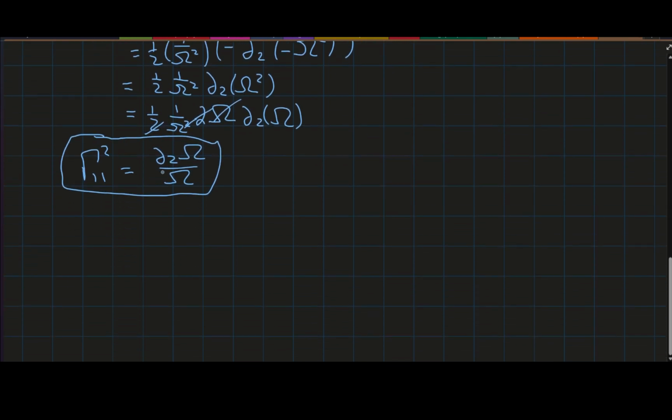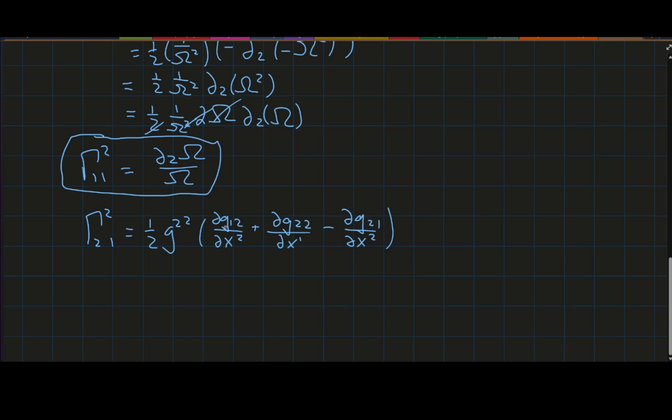Okay, so carrying on, let's calculate gamma 2, 2, 1. So similarly, we get the 1/2 inverse g22 out here, and then I'm just going to write the inside of the brackets. And we can have a look at this now.